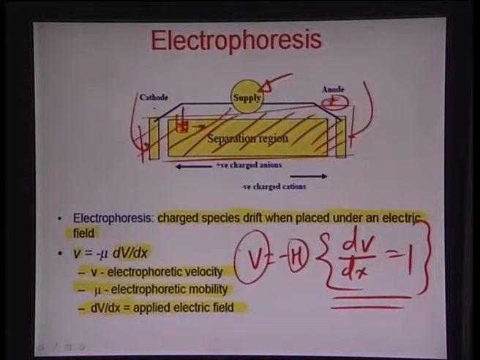So let us try to really see at a single particle level what happens, identical to what we did before in terms of electroosmosis over a particular electrode, where we tried to estimate the double layer, the diffuse layer, and then how the dynamics between the double layer, on one side it is being pulled through the externally applied perpendicular electric field, on another side it is being held back by the shear forces or the viscous forces.